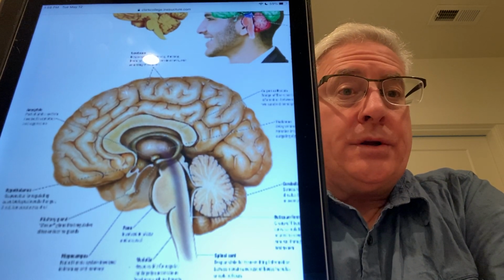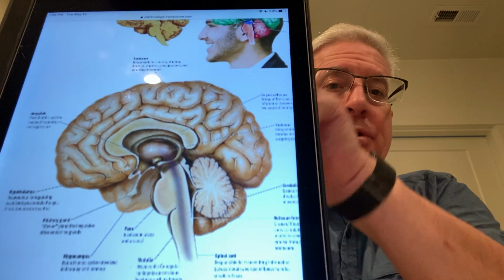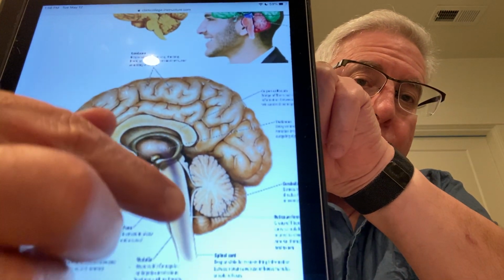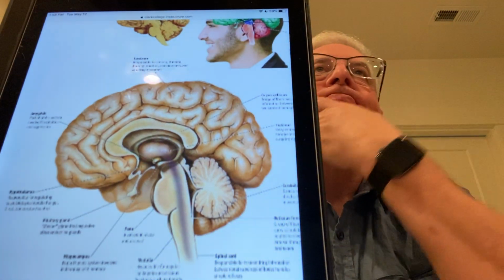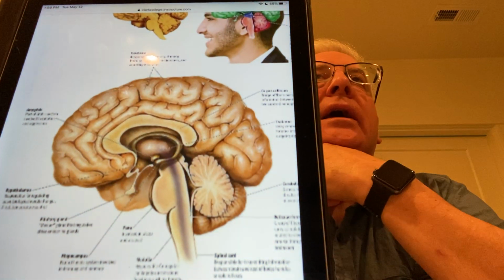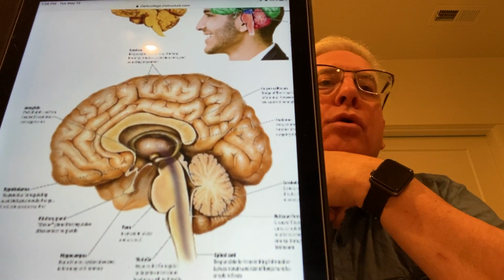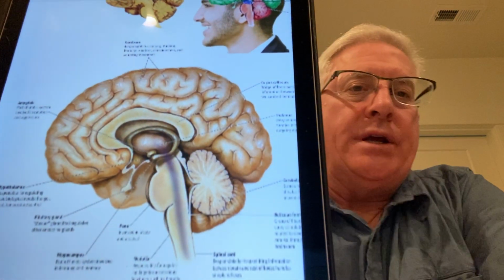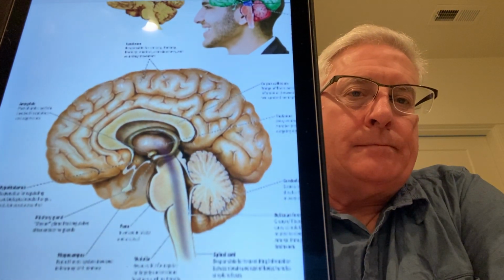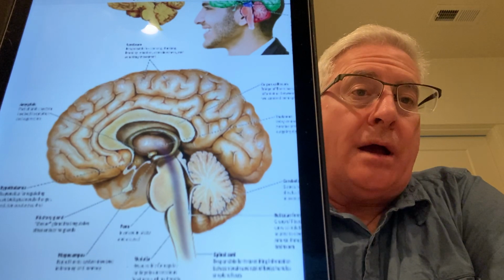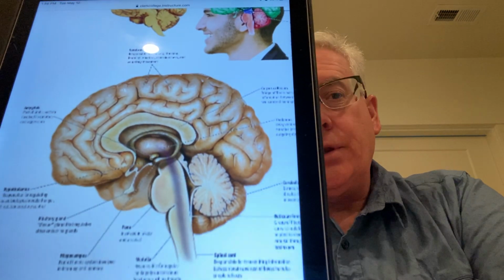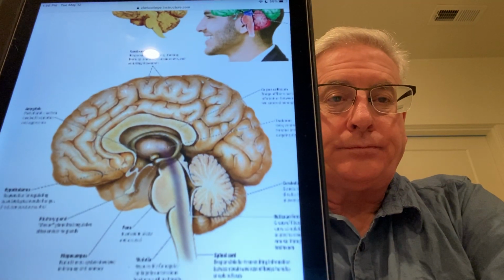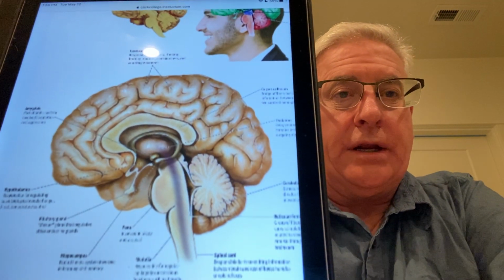So if you wake up at a certain time every day, that's because your reticular formation is, should we say, programmed to get you up at that time. And if you start to get tired at a certain time every night, well, your reticular formation is what tells you that you're going to get tired.